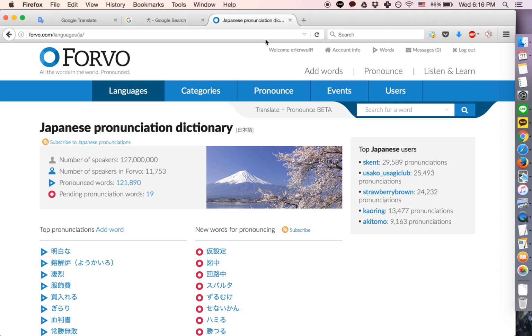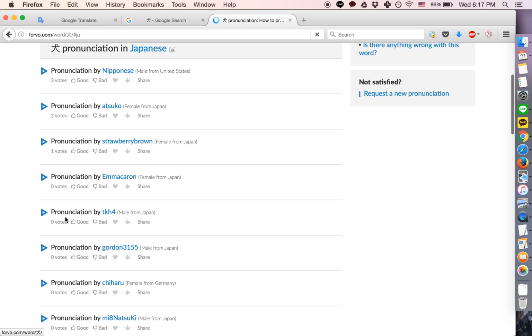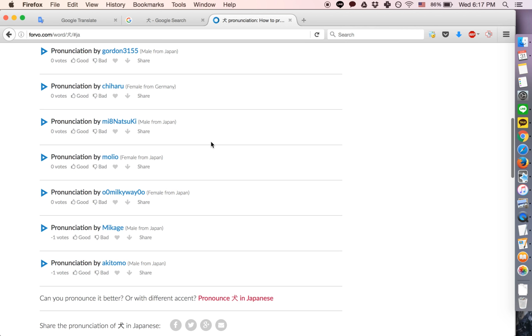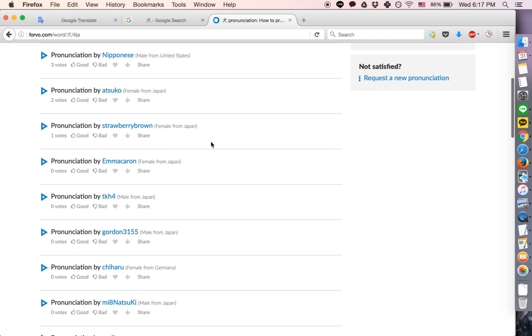So now we can get more confirmation by searching it in Forvo. This is a website where native speakers will pronounce words for you. I know, because I've gone through the Forvo archives for Japanese quite a bit, that the fact that it has this many pronunciations means it's quite a common word.